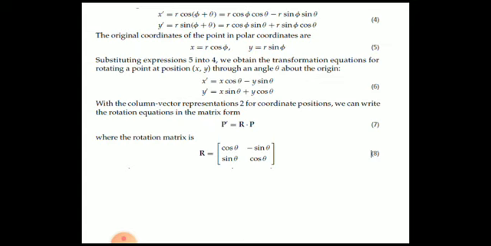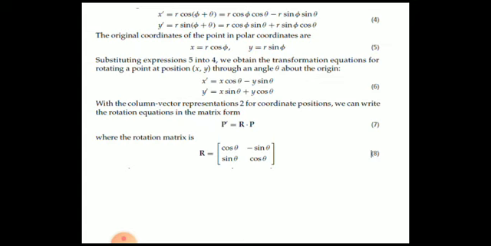Now, let us look at the equation here. X dash is equal to r cos of phi plus theta. According to the trigonometric expansion of cos of theta plus phi, it can be written as r cos phi cos theta minus r sin phi sin theta.